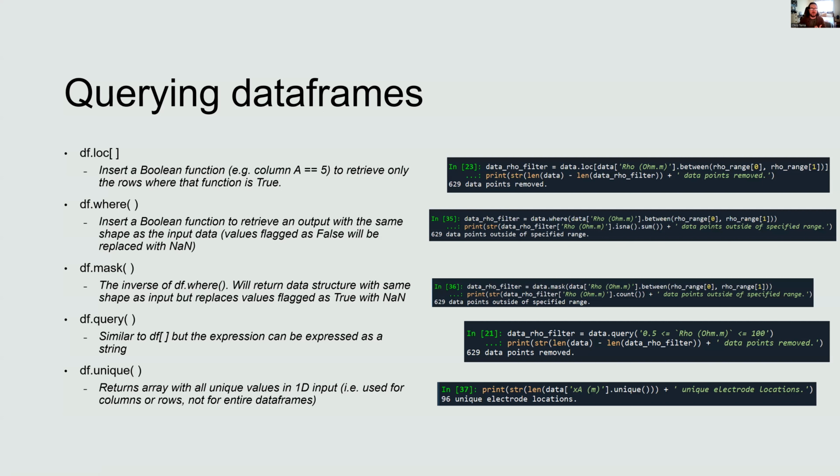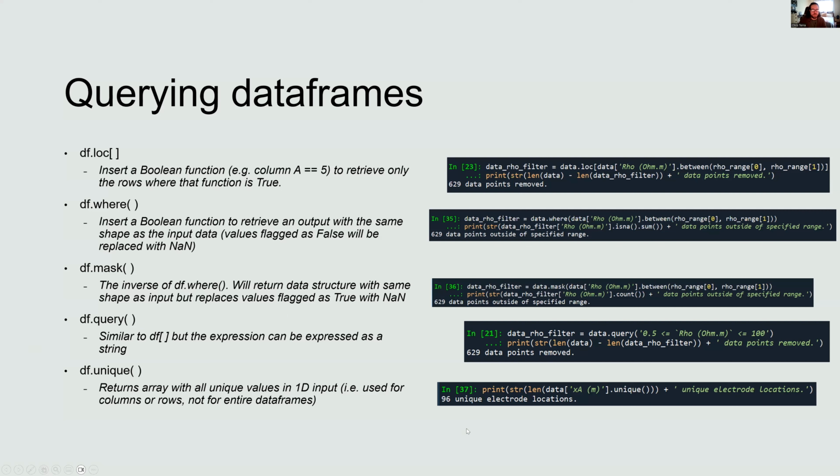So if you want to look for points of data that were outside of a specific range, outside of this range that we filtered with before, and just keep the ones that are outside of the range, then you can use mask, and that'll basically do the same thing as where, except like I said, you will have the same shape, but now anything that does apply to that Boolean statement will be flagged as NaN.